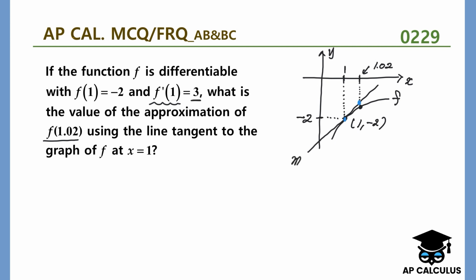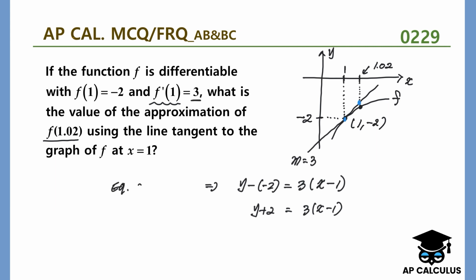So the slope of this line is equal to 3. So the tangent line is y minus y1, -2, is equal to slope m, 3, times x minus x1, 1, right? So far so good. So y plus 2 is equal to 3 times x minus 1. This is the equation of the tangent line.